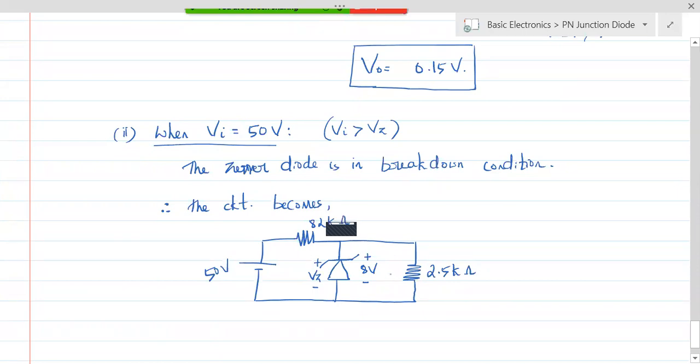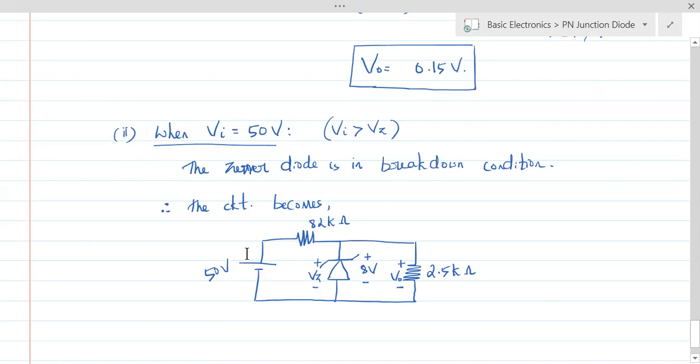Now you have to find out V naught. Do we need to do anything to find out V naught here, or what is it that we need to be doing? Can anybody comment on this? How to find out V naught?